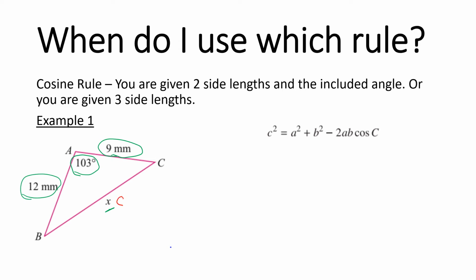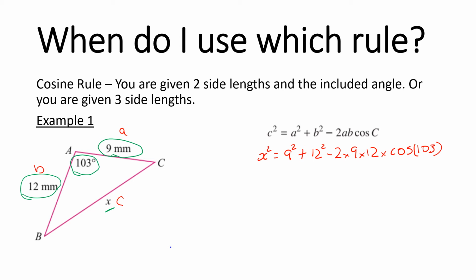So this will be c, and then the other two sides can be A and B. So we will have x squared equals 9 squared plus 12 squared minus 2 times 9 times 12 times cos 103.